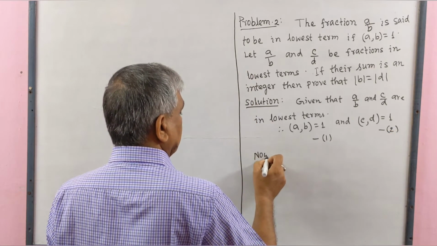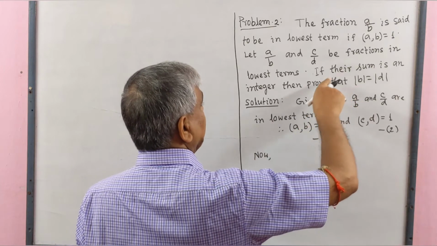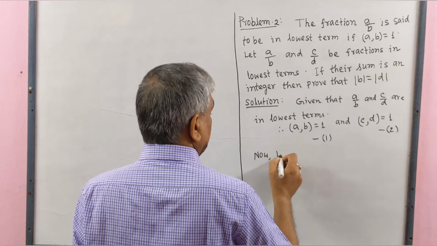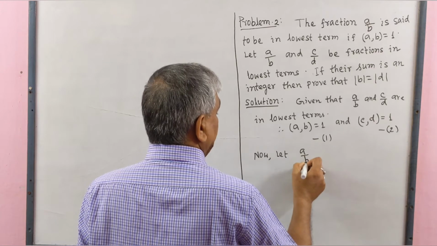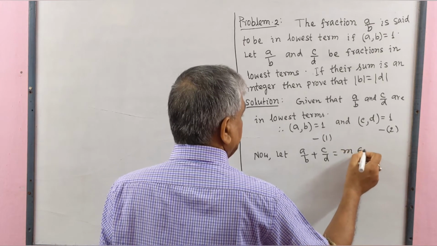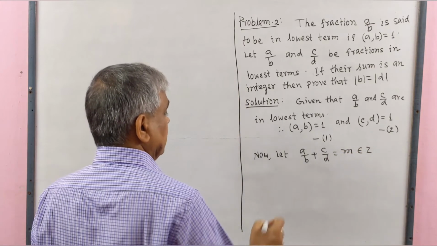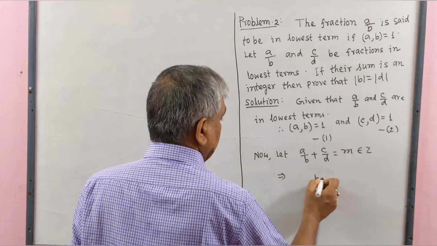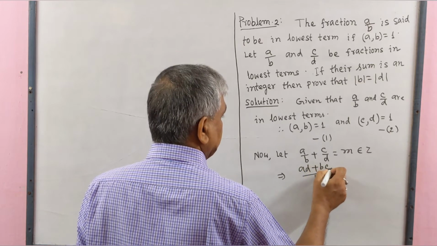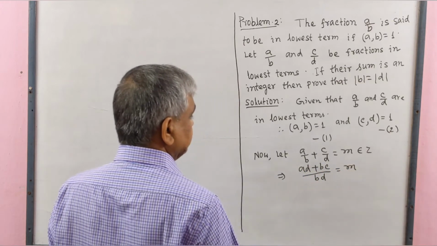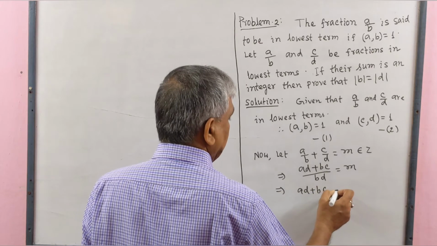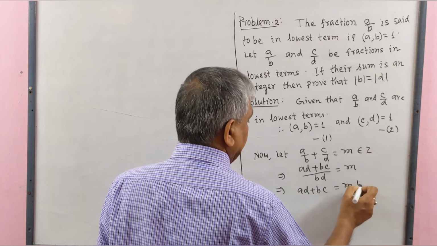Now, given that their sum is an integer, let a by b plus c by d equal to m, m is an integer. Implies that ad plus bc over bd equal to m. Implies that ad plus bc equal to mbd.